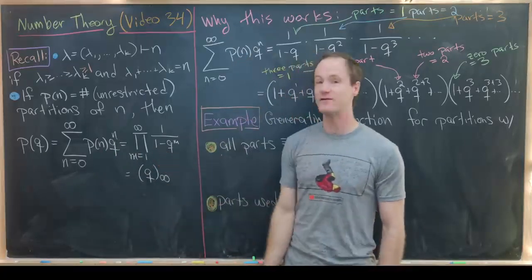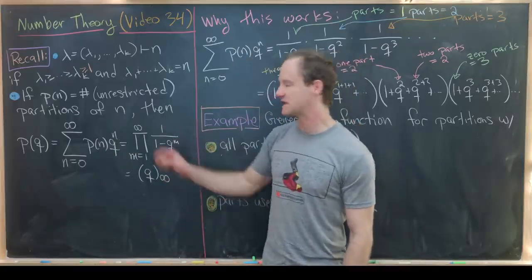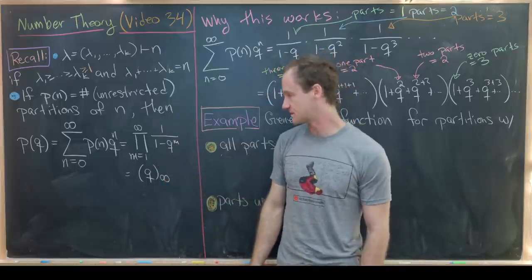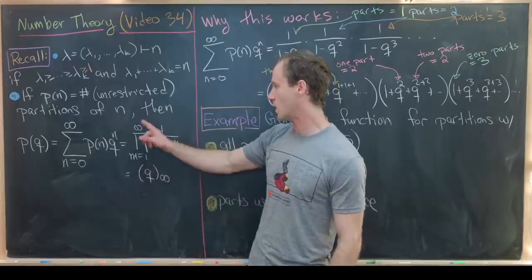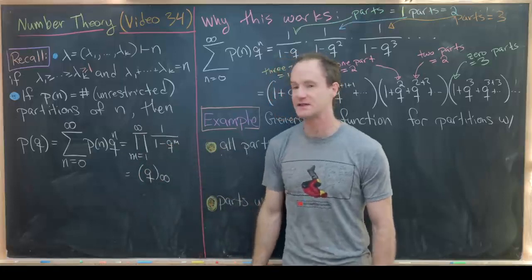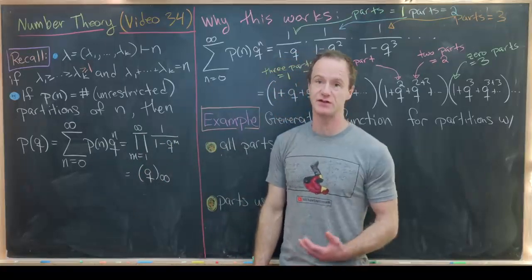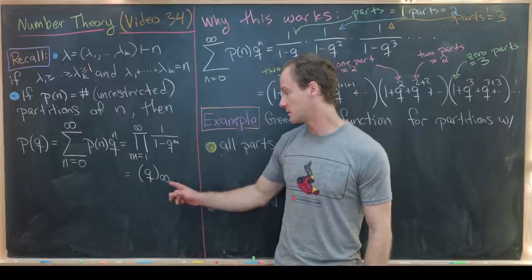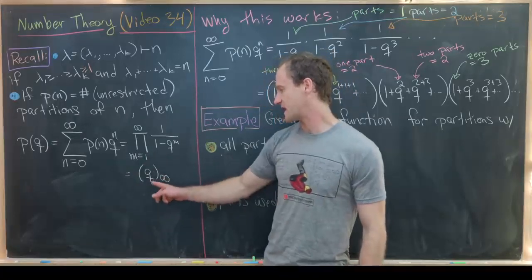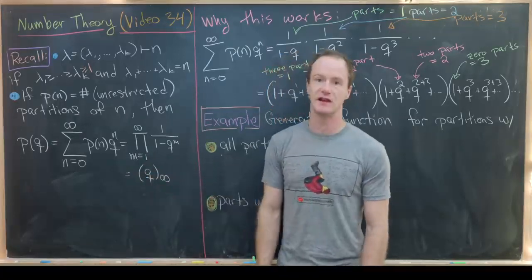That's equal to this infinite product of things that look like sums of geometric series. So the product is m goes from 1 up to infinity of 1 over 1 minus q to the m. And we had some notation in previous videos using the Pochhammer symbol that allowed us to write this as q in parentheses with an infinity.